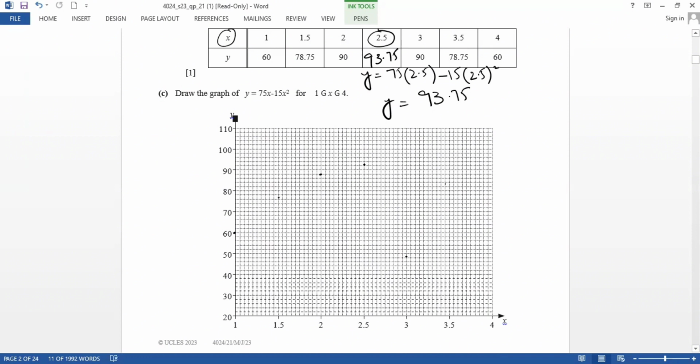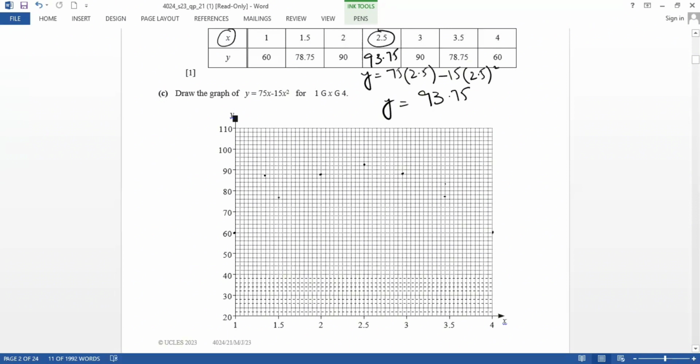x equals 3, so y equals 90. For 3.5, we have 78.75. And for 4, we have 60.